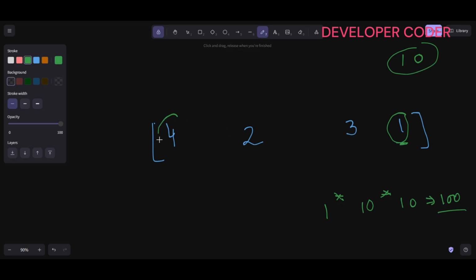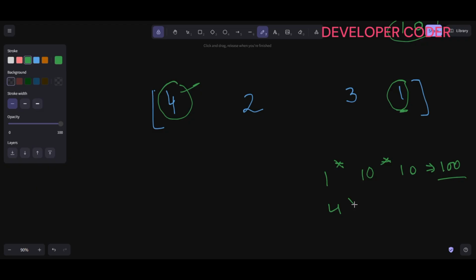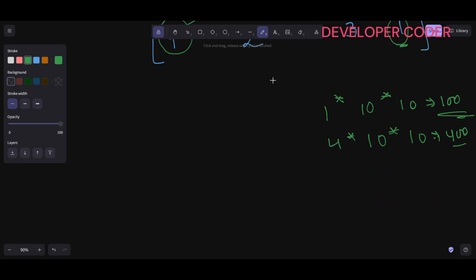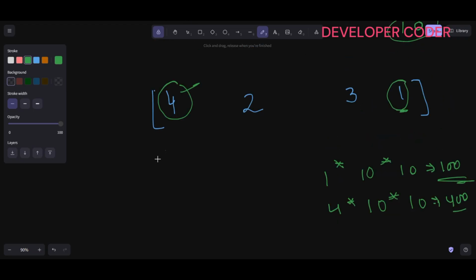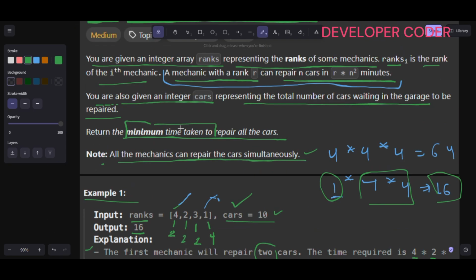Now let's suppose a mechanic with this rank wants to repair all 10 cars by himself. Then he is going to take 400 minutes. So what we have to minimize is the minimum time taken to repair all the cars, so we can apply binary search on the time taken.